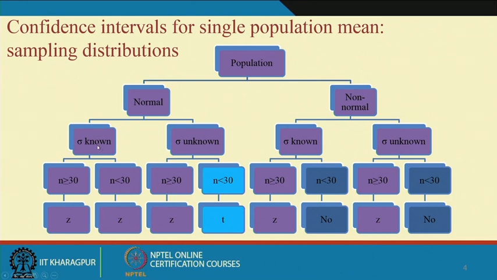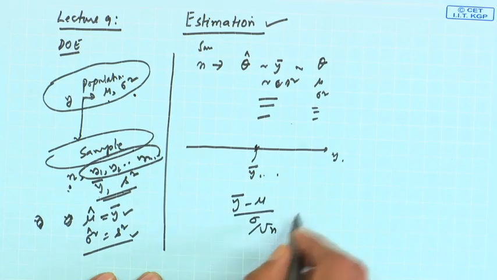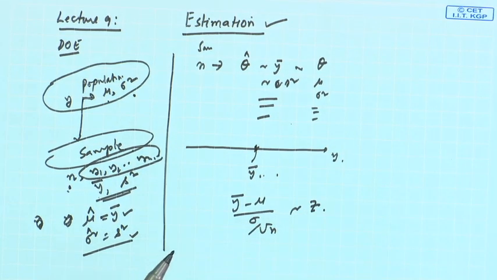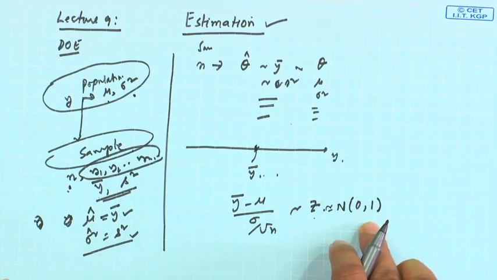Now, if sigma is known and the sample size n is large, that is greater than or equal to 30, then the statistic, here it is the mean, will follow, with certain manipulation, the Z distribution. You have seen in the central limit theorem that y bar minus mu by sigma by root n follows Z distribution, and Z distribution is nothing but the unit normal distribution with mean 0, variance 1. Last class I told you.